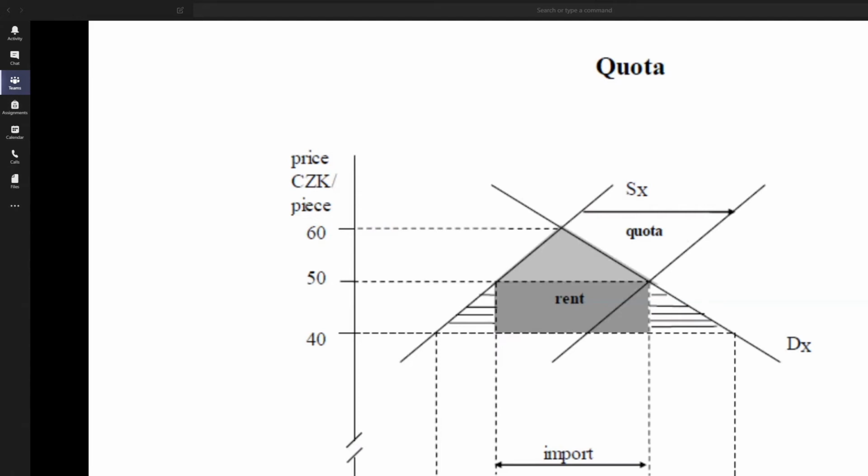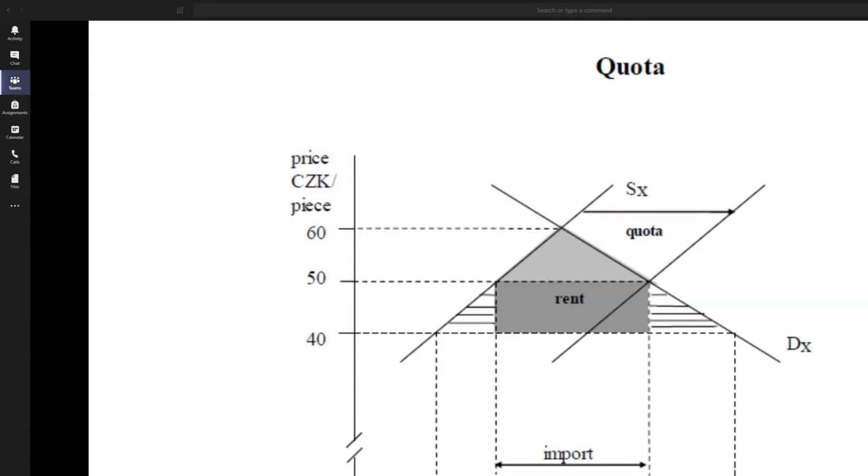Imagine it is 1,000 products. And now the state says it's possible to import only 500 products. In case of free trade, they were importing 1,000 products, and now they import only 500. Okay?